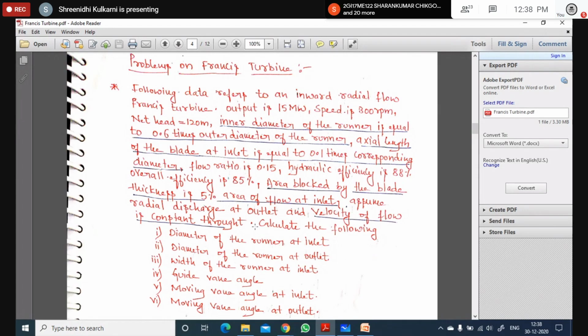At outlet, guide vane angle is always 90 degree, so alpha 2 is 90 degree, but at inlet we have to calculate alpha 1. Moving vane angle, that is the runner rotor angle at inlet, beta 1, and moving vane angle at outlet, beta 2.